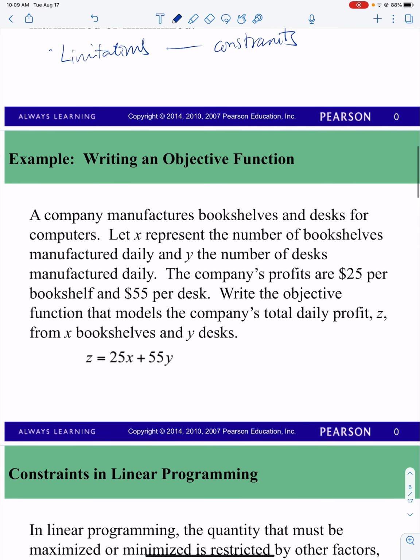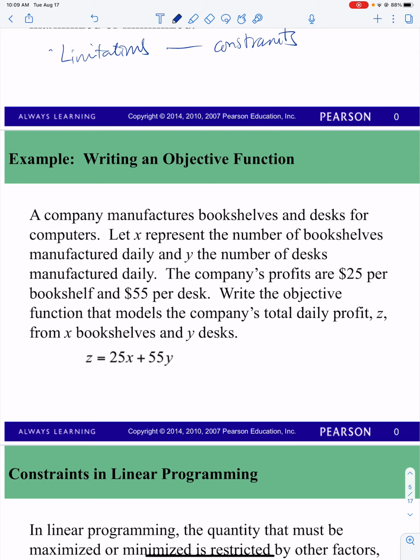So let's look at an example. A company manufactures bookshelves and desks for computers. Let x represent the number of bookshelves and y be the number of desks manufactured daily. The company's profits are $25 per bookshelf and $55 per desk.